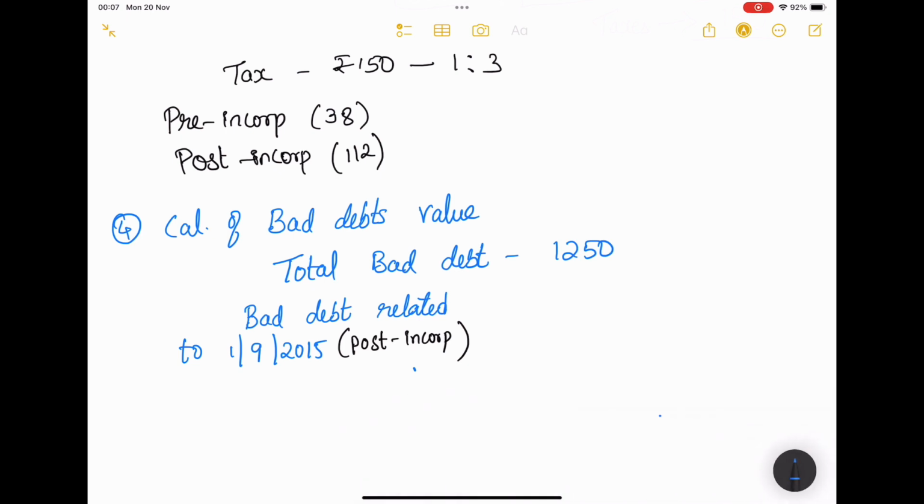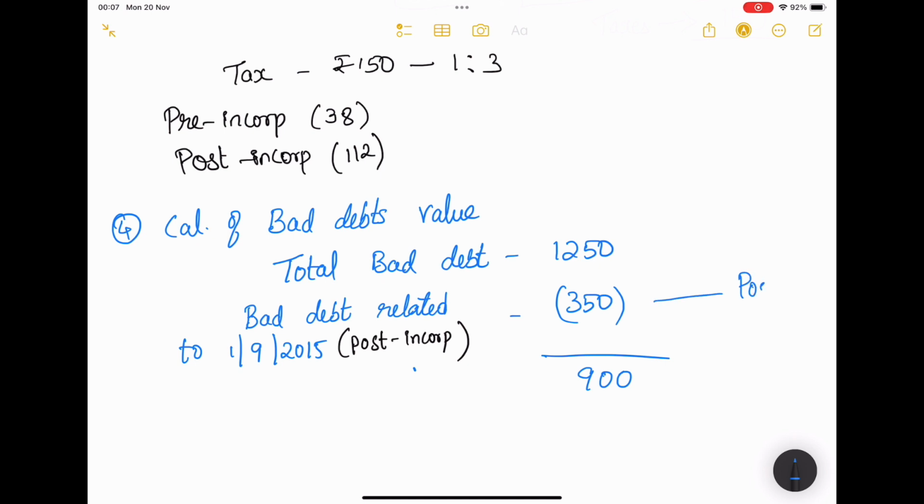Yes, that is 350. So I'm going to deduct this from the total. Why am I deducting? In order to identify the remaining value's ratio. Got it? So 900. Yes, this one is full and full related to post incorporation.